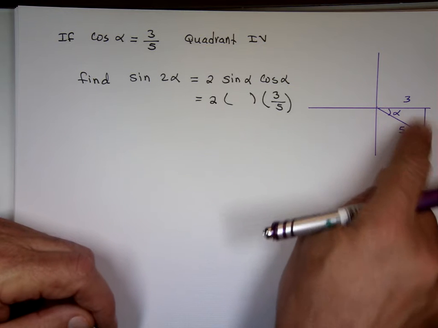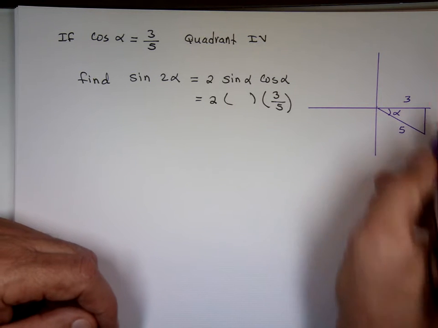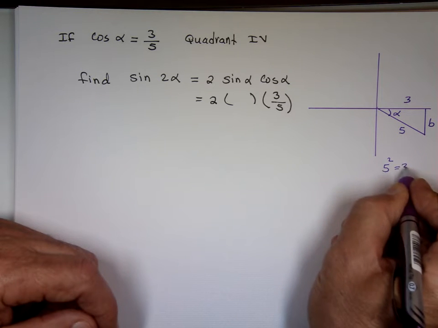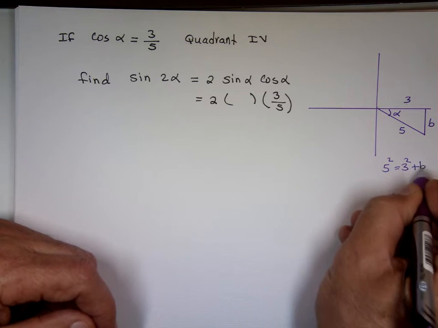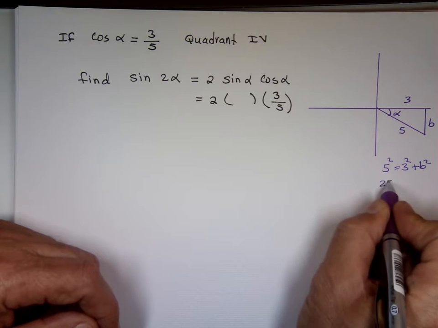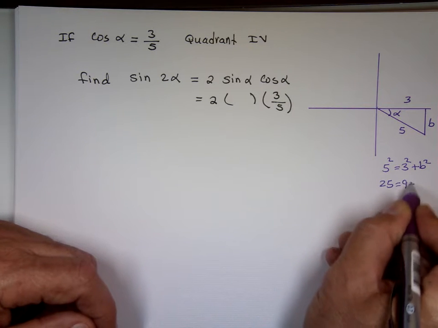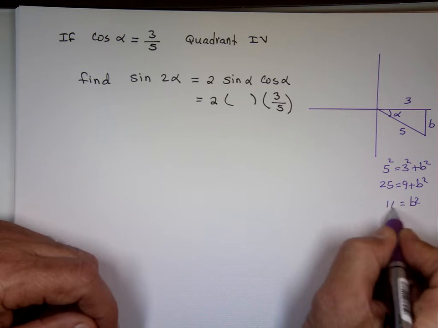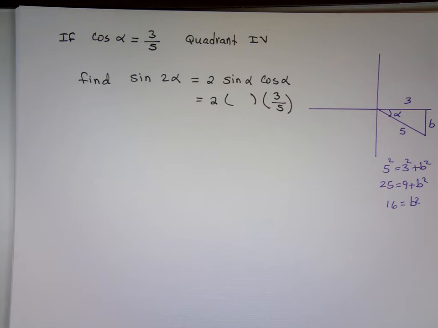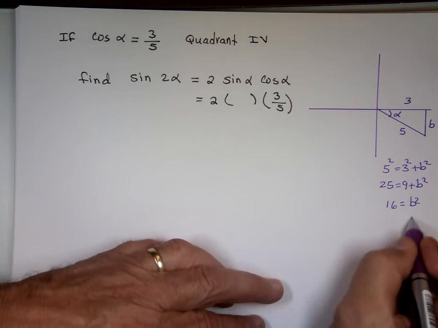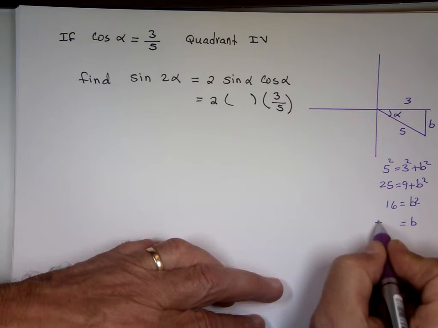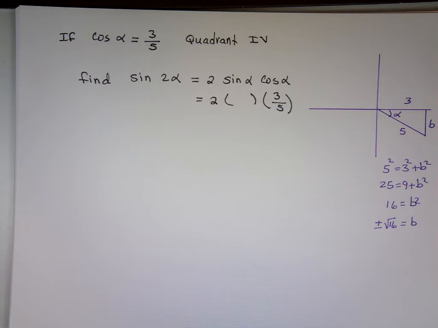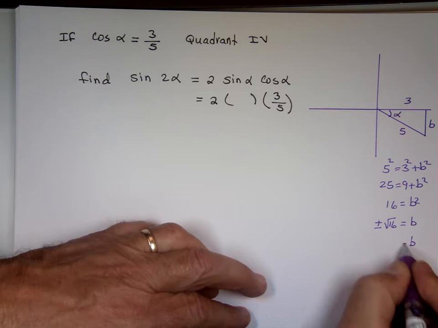Because this is below the axis. That side has to be negative. So if I call that b, I'll go 5 squared equals 3 squared plus b squared. 25 equals 9 plus b squared. B squared equals 16. When a variable squared equals a number, then that variable equals plus or minus the square root of 16. We need to look at the picture. Is that a positive or a negative here? Negative, so b is negative 4.